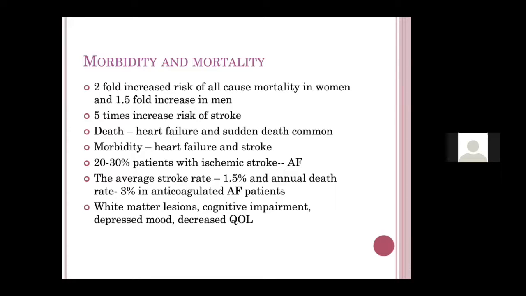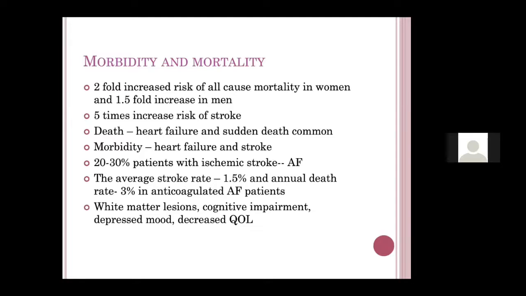The average stroke rate is 1.5% and the annual death rate is 3% in anticoagulated AF patients. So even on anticoagulation, the risk of stroke and mortality is still there. And AF in an asymptomatic patient can cause white matter lesions, cognitive impairment, depressed mood, and decreased quality of life.